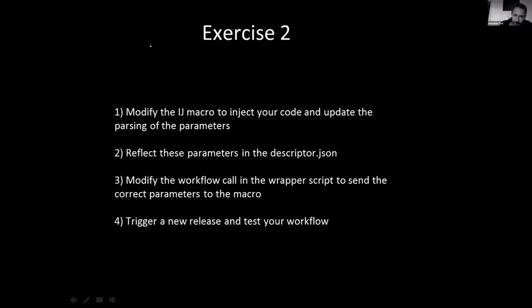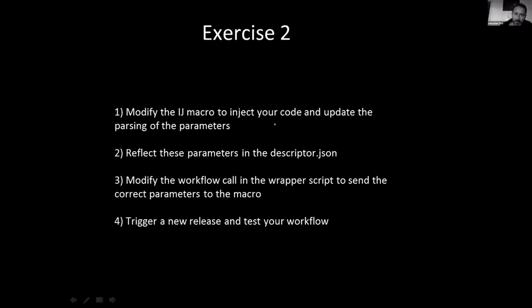So this is what I will guide you through. First I will give you an overview of what should be done. You will have the slides also to help you, and then I will let you modify your code in the correct way and trigger a new release, this time with your personalized macro, okay?